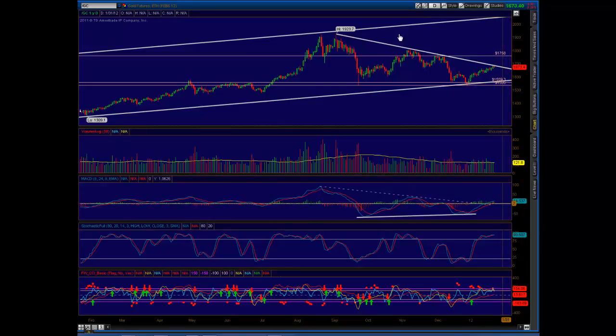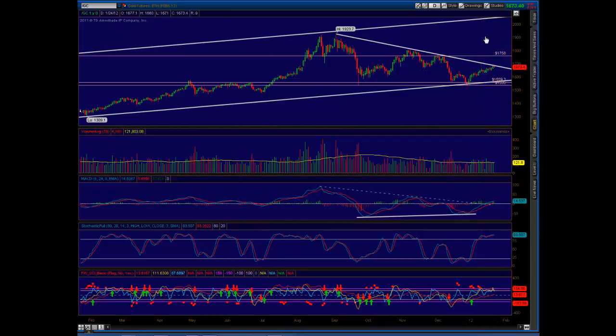That's a very good sign, also a bullish sign. And the stochastic has gone into the overbought area, which, like I've depicted before, once it gets into the overbought area, it can stay there for a long time, and your moves can be the sharpest once the stochastic gets into the overbought area.